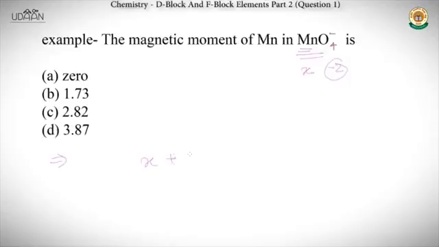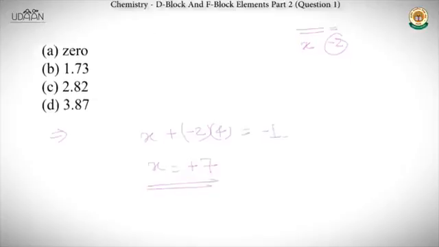Therefore, X plus minus 2 multiplied by 4, as there are 4 oxygens, is equal to the charge on the whole compound, which is minus 1. Therefore X is equal to 8 minus 1, which is plus 7.